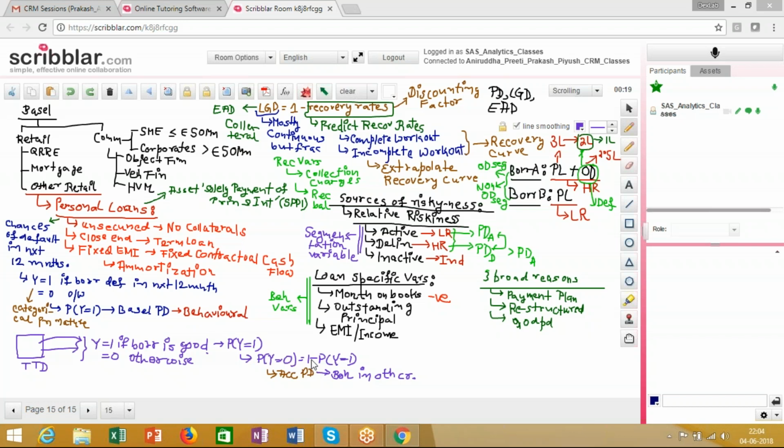Say, for example, on a credit card, utilization is a behavioral variable because it shows how much of the balance on the card you are actually spending. So that is where this particular concept comes in. Clear?